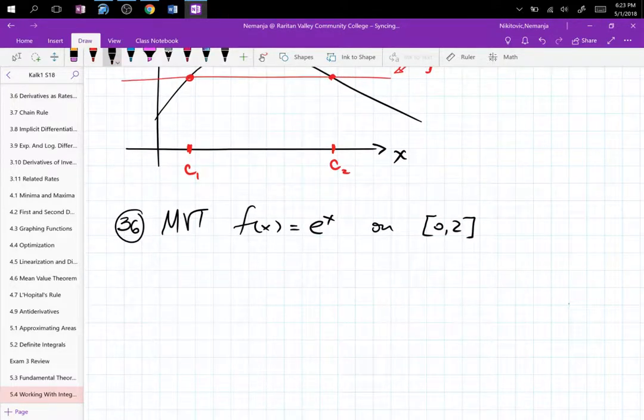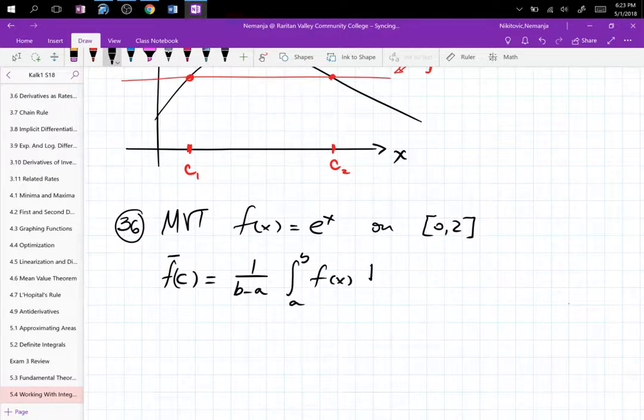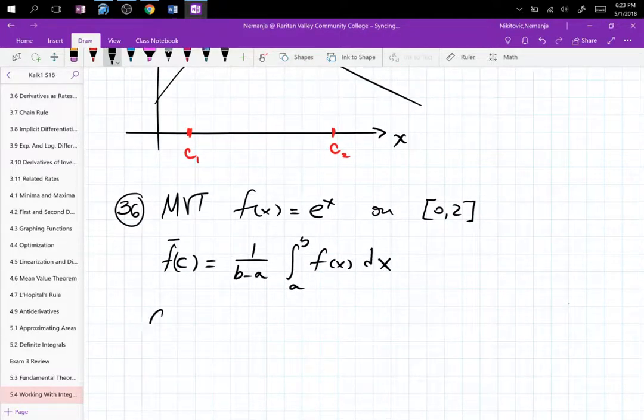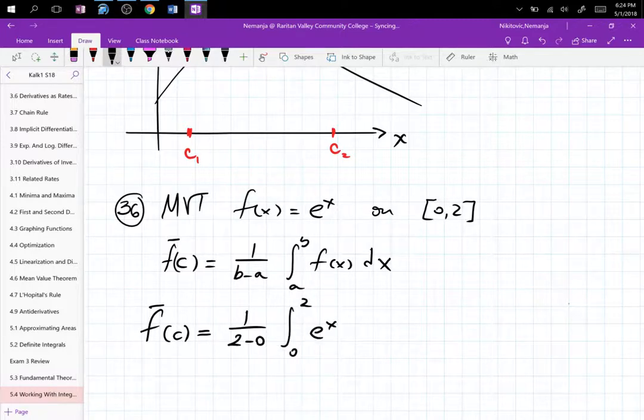So what do I have? Oh, sorry, I forgot the 1 over b minus a. f of c is equal to 1 over 2 minus 0, integral 0 to 2 of e to the x dx.